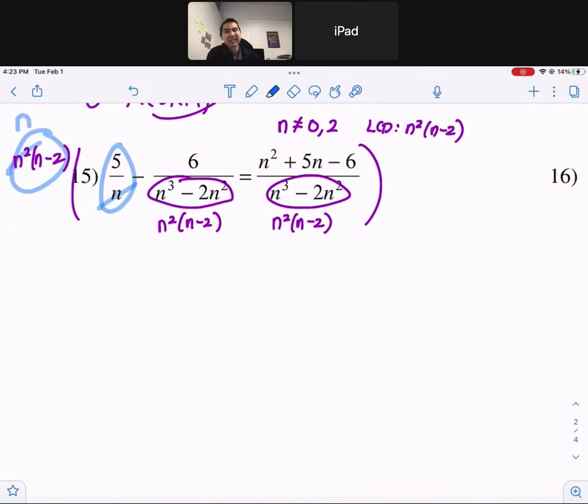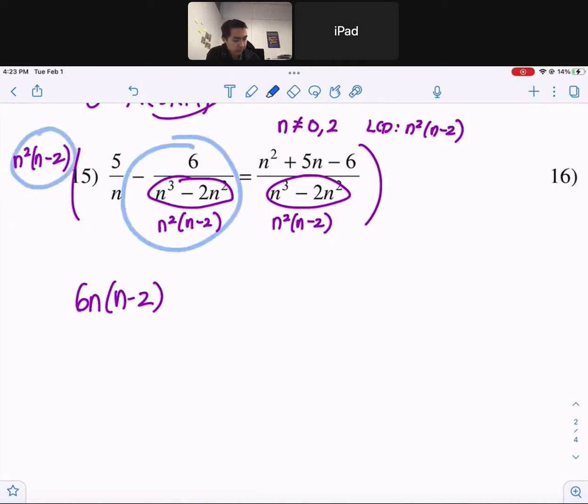So it's 6n times n minus 2. This times this completely gets eliminated, so we have a -6 still remaining. And this times all of this, these all cancel, so we just have the top: n squared plus 5n minus 6.